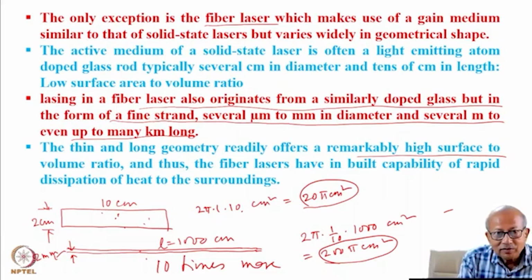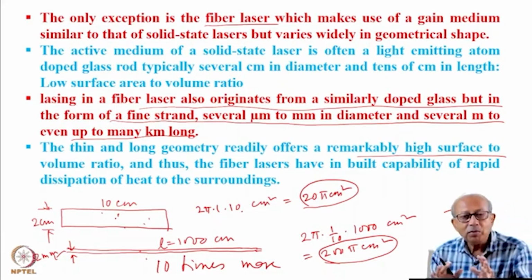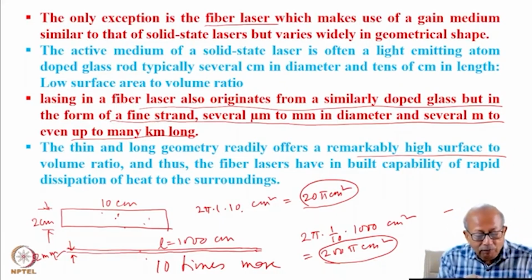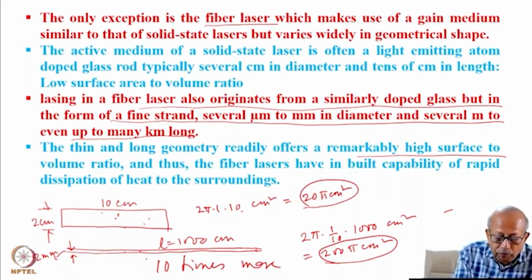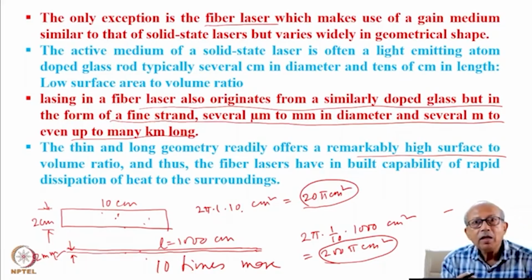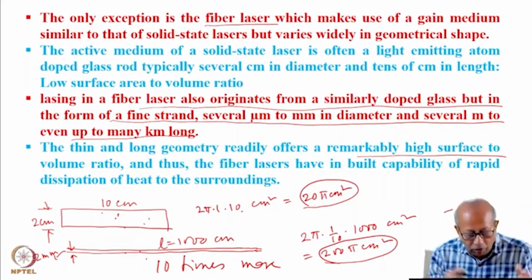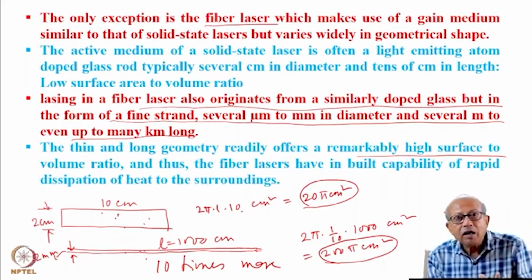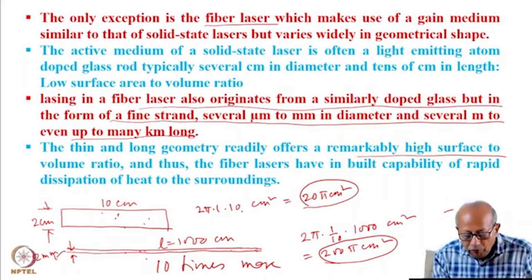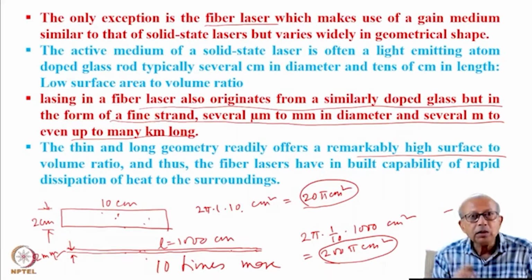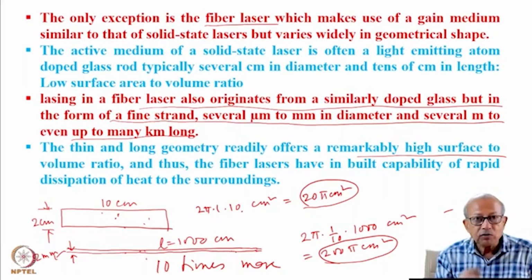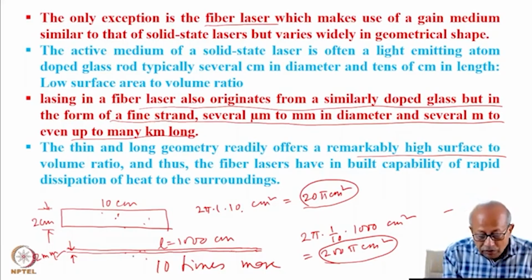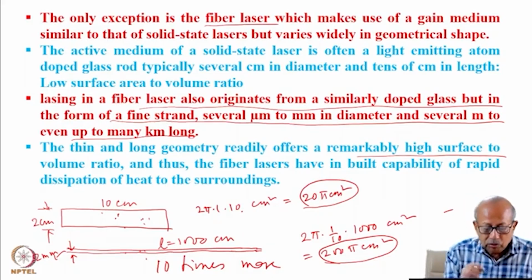So that means if you take a linear proportionality, you can dump 10 times more power into this, and yet the heat dissipation capability of this would ensure that you can extract 10 times more output power from this laser without causing any thermal damage to this system, simply because the surface area of this is now 10 times more than this.